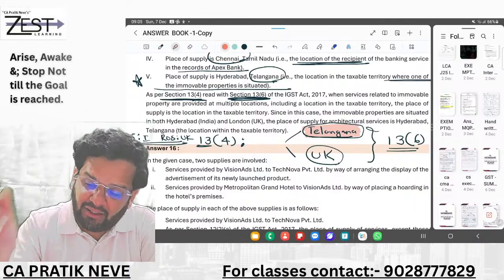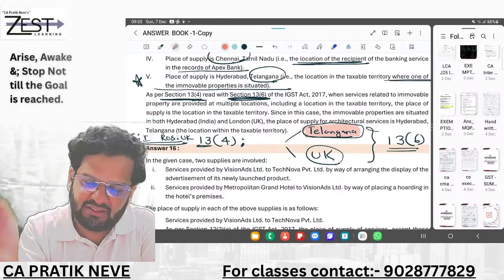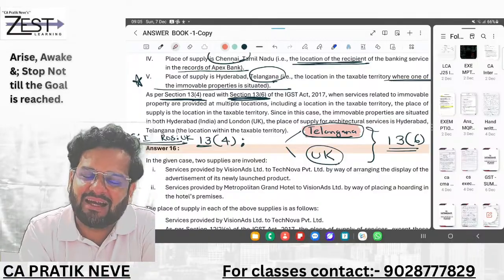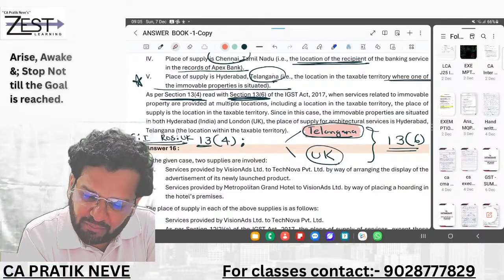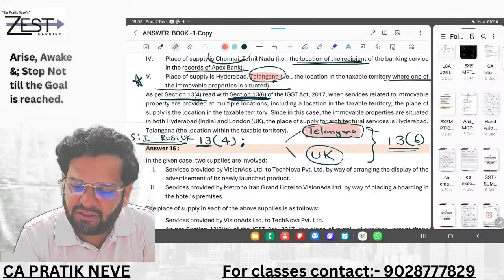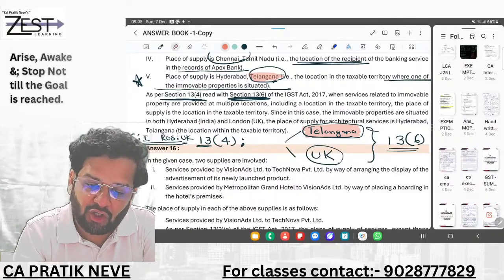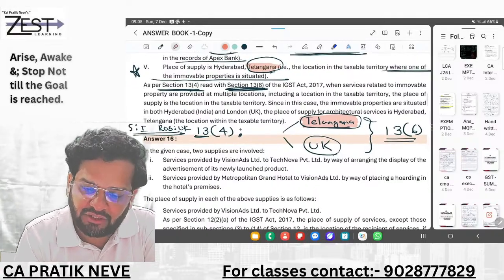So, for entire service given by that supplier to recipient of supply, the place of supply will be Telangana itself and not UK.